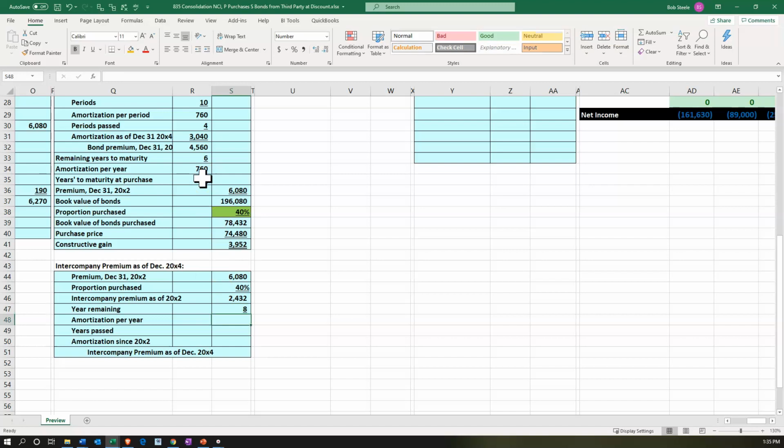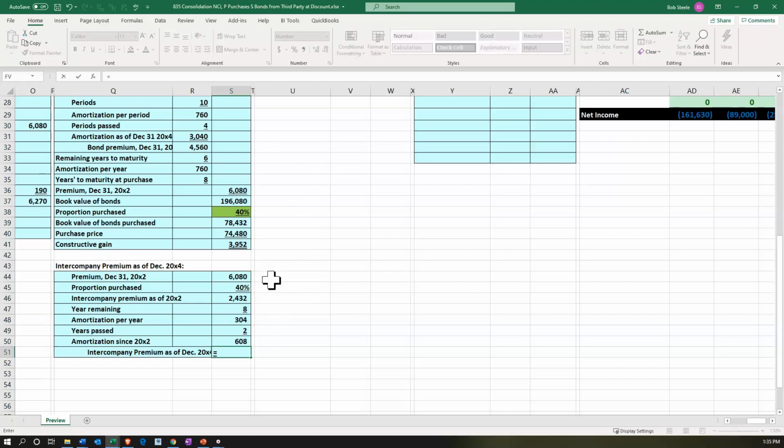So then if we take this 2,432 divided by 8, we get 304. Then we got the periods past, which are 2. So we're going to take this 304 times 2. This is the amortization since the point in time that we started this.